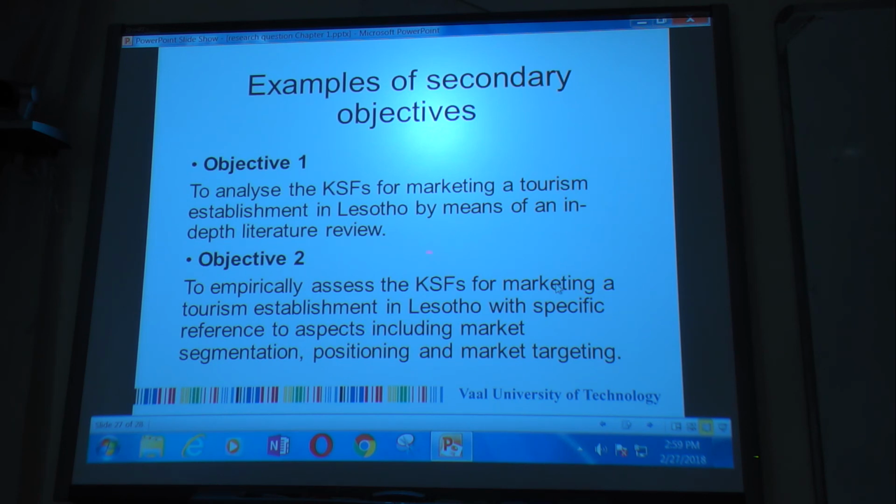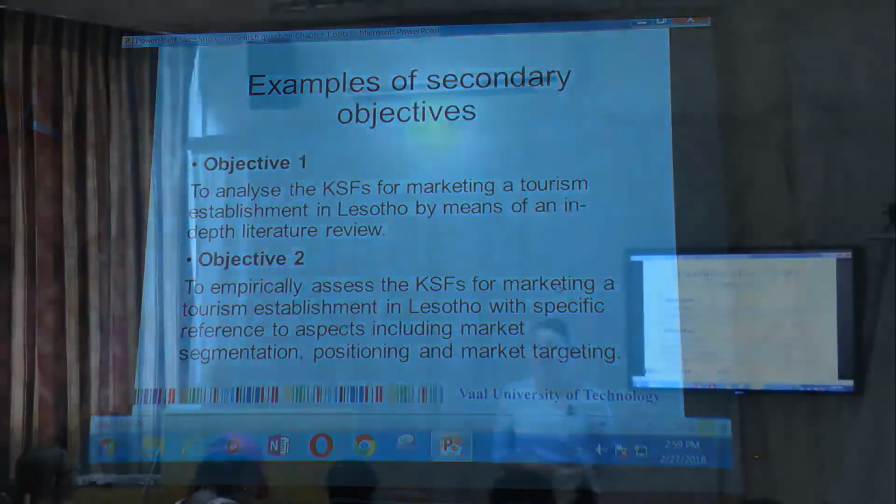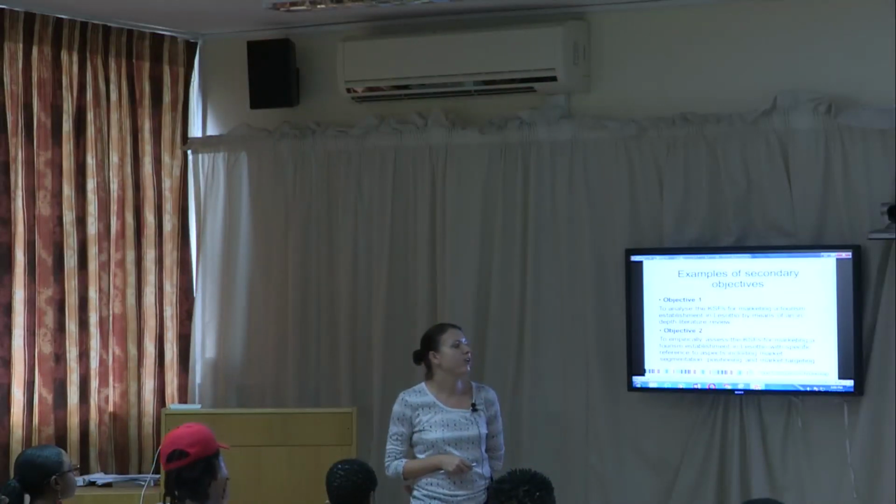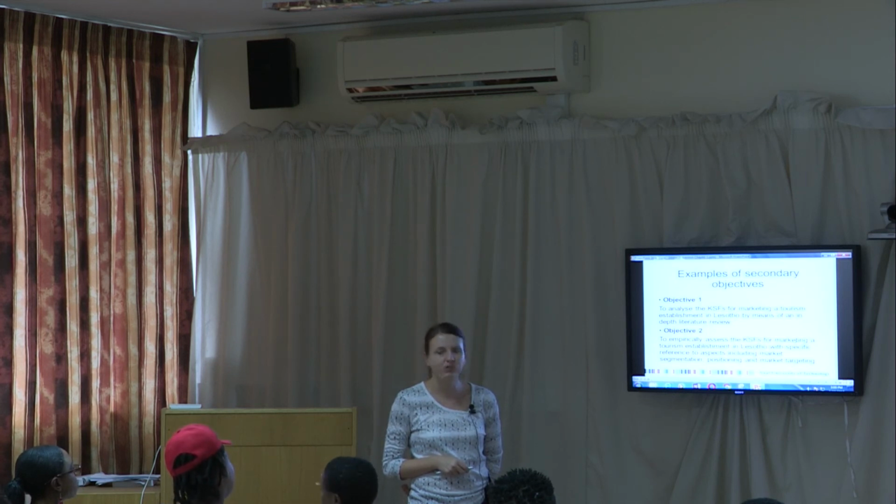That's objective 1. A second objective, she's going to empirically assess the key success factors for marketing the tourism establishment with specific reference to aspects including market segmentation, positioning, and market targeting. So here again, she's very specific, saying empirically assess, meaning she's going to conduct research by means of a survey. Herself, she's going to do it.